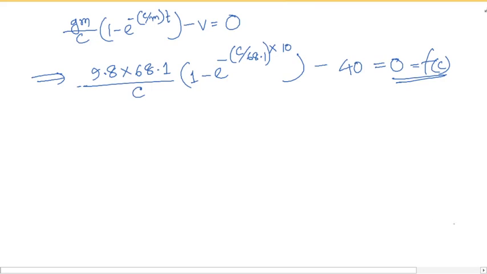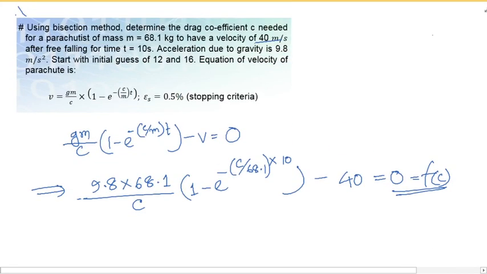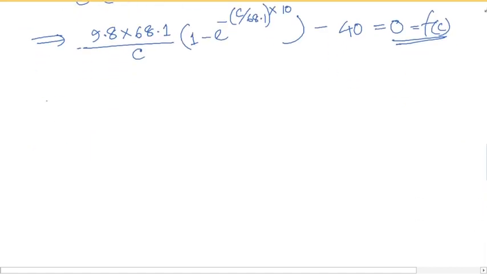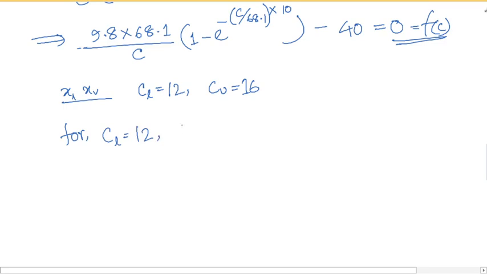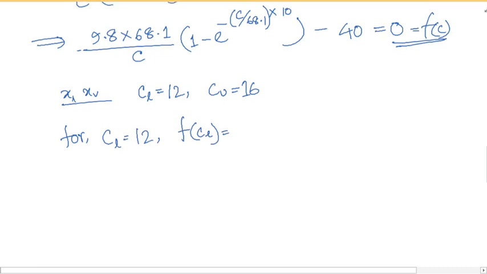So as you can see, the two limits are given there, 12 and 16, so we can easily say that instead of xl and xu, this is cl equals to 12 and c upper limit equals to 16. So calculate these two values. Function of cl will be equals to, this is the function of c as we have derived here.